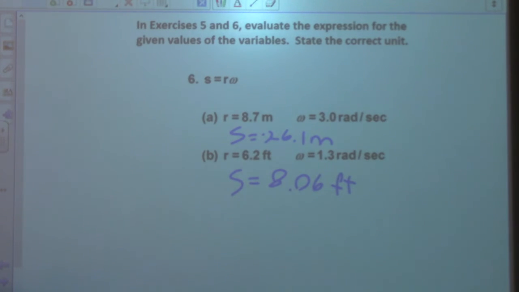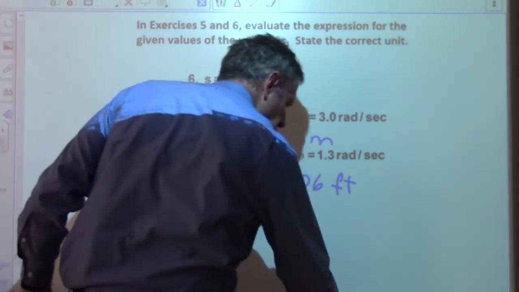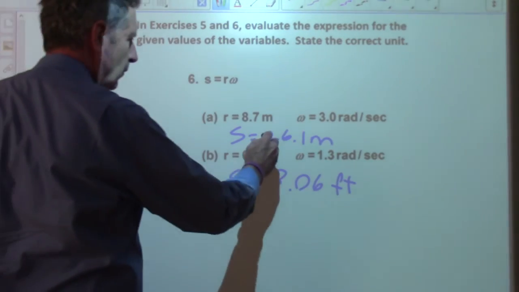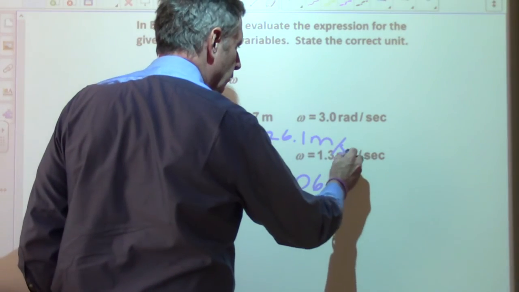So what do you think about his answer? Is that right? Okay, this is not right. What's wrong with it? Yeah, so meters per second.